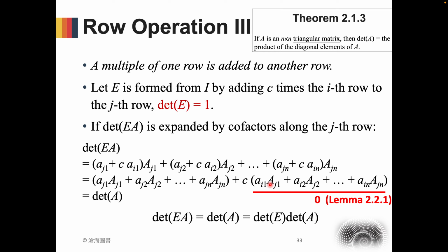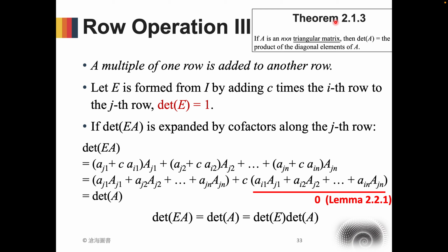Okay, and you may wonder why the determinant of the elementary matrix E is equal to 1, because you can check Theorem 2.1.3. For the third type elementary matrix, it would be a lower triangular matrix or an upper triangular matrix, right?